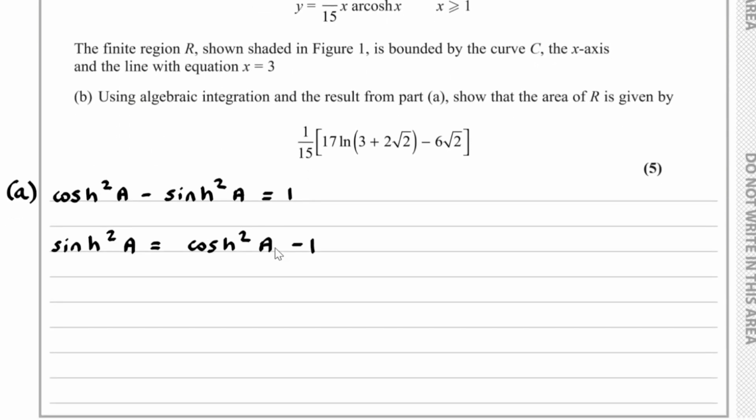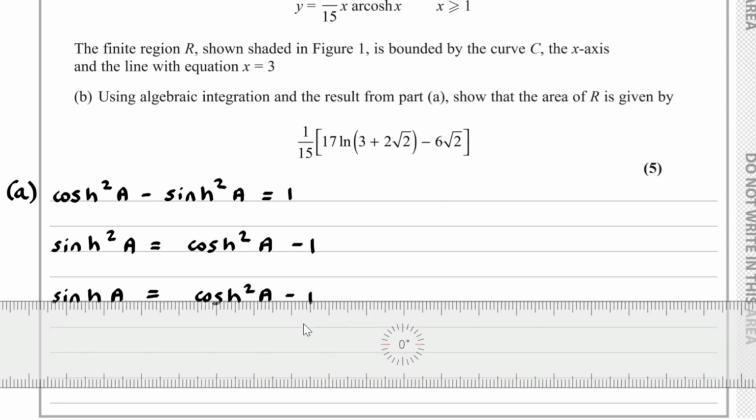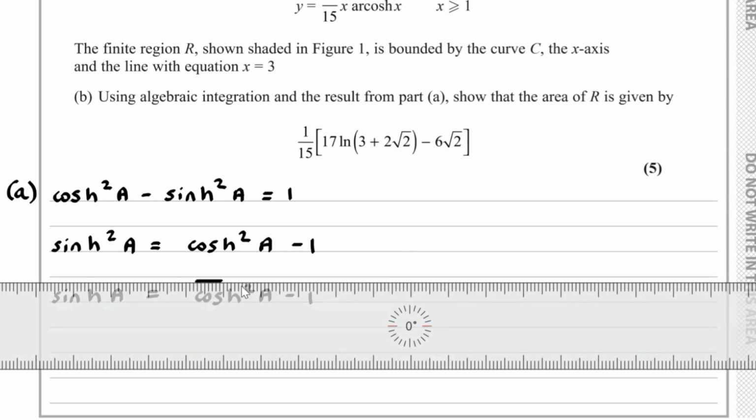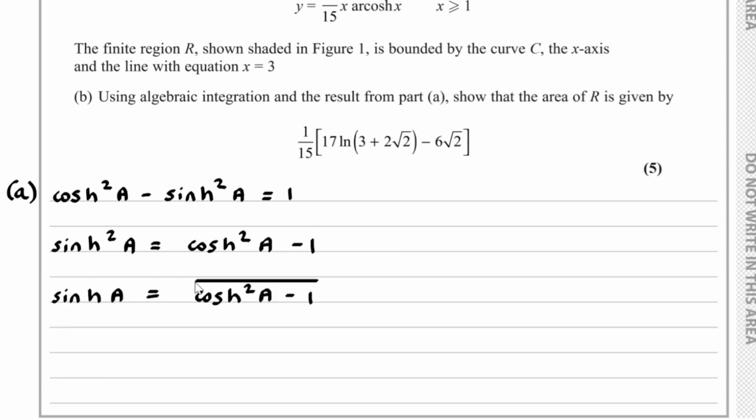And whilst we're at it, hyperbolic sine then is equal to hyperbolic cosine squared minus 1, square rooted.